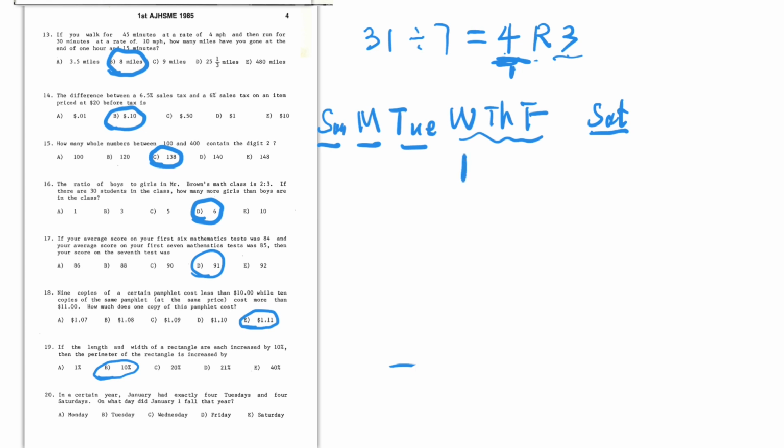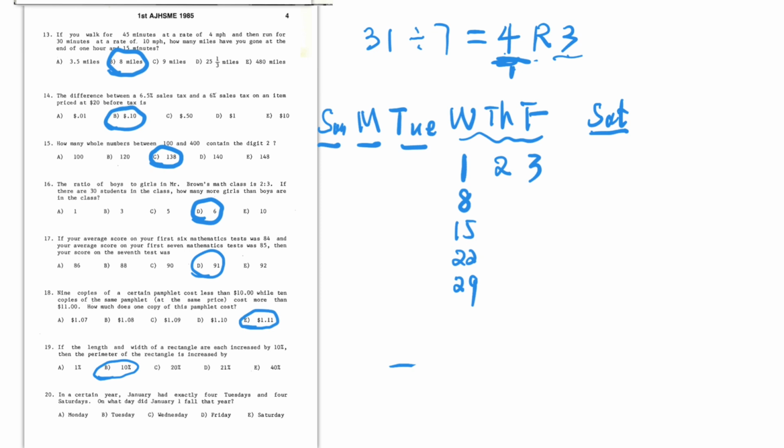So January 1st is Wednesday, 2nd is Thursday, 3rd is Friday. The next Wednesday will be plus 7. 1 week is 7 days: 8, 15, 22, and 29.